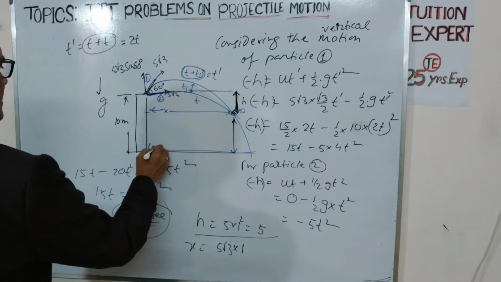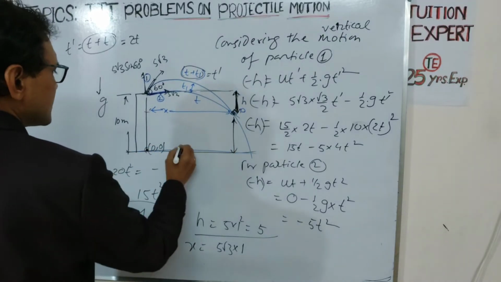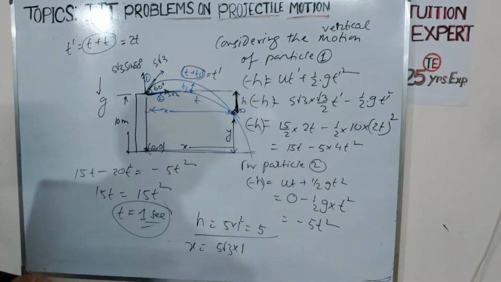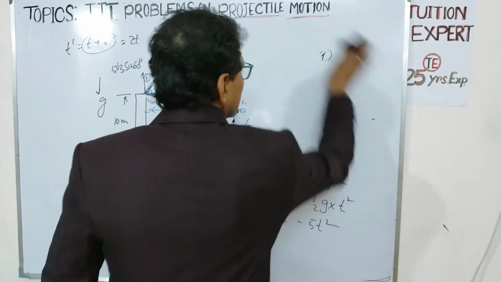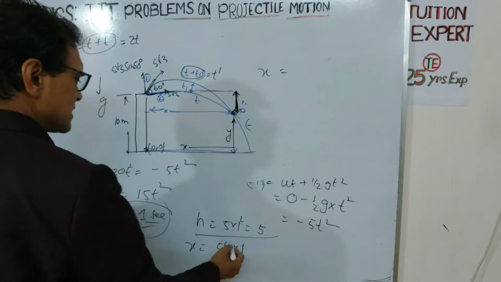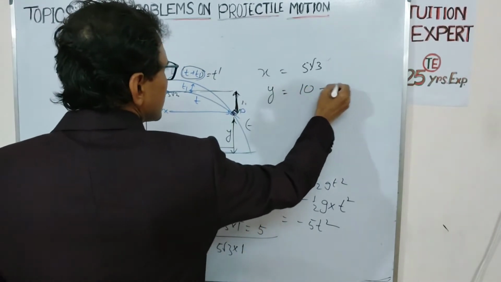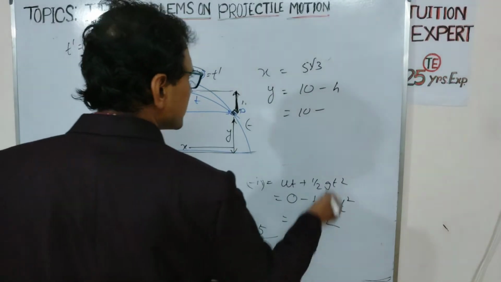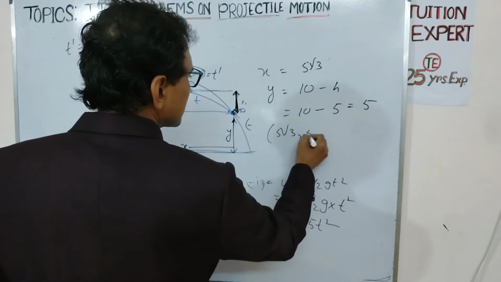If this is the origin, then the coordinate of this point is x and y. So x will be this, and y will be 10 minus h. What is h? h equals 5. So the coordinate will be this. This is the answer.